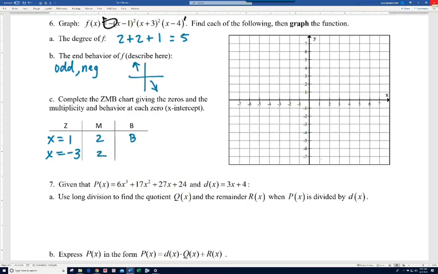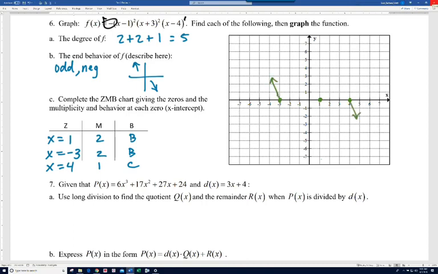Notice the multiplicity there is 2, since there's 2 factors of x plus 3, which means we'll bounce at that x-intercept, or 0. And then finally, we have x equals 4, multiplicity of 1, which means at that x-intercept we're going to cross. So let's go ahead and put in our points, and let's draw in the end behavior.